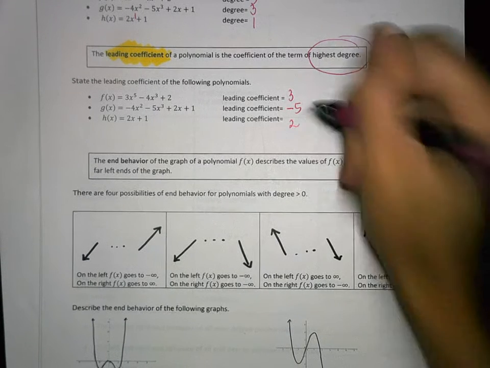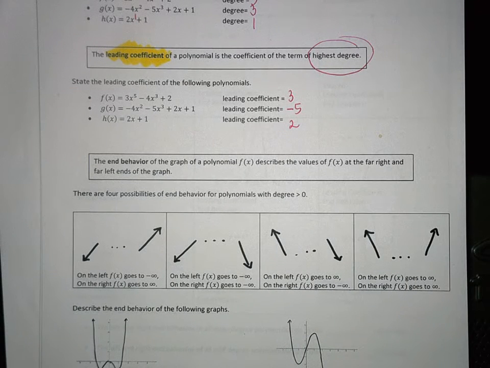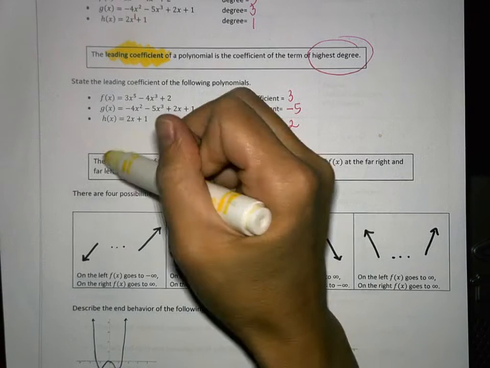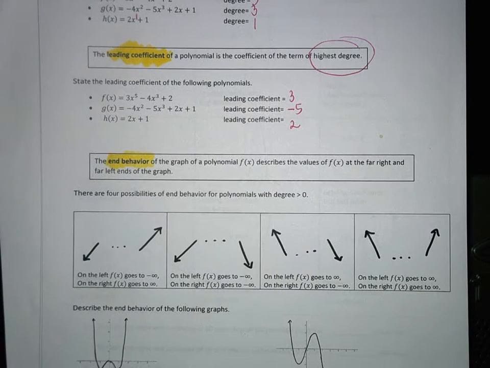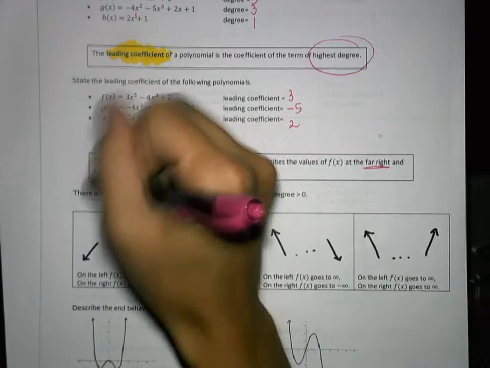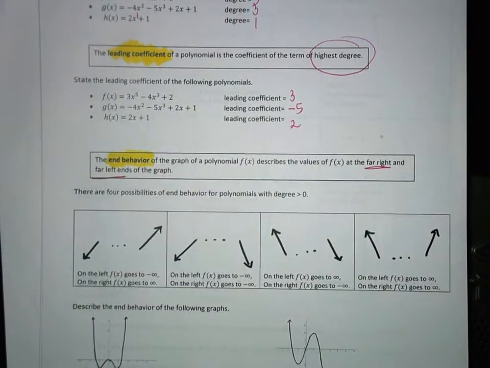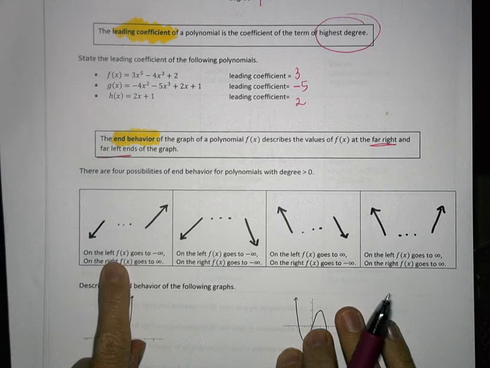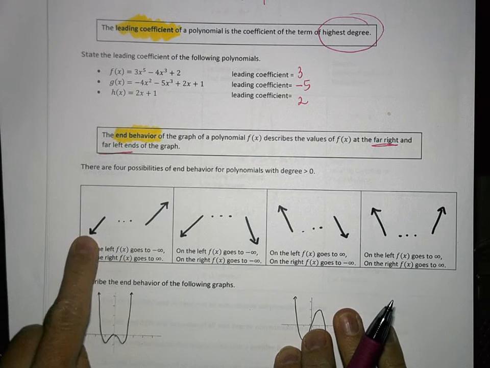2. Perfect. The end behavior, which is what we're talking about today, of the graph of a polynomial describes the values of f of x at the far right and the far left ends of the graph. If you notice on here, on the left side of the graph, it's going to negative infinity.